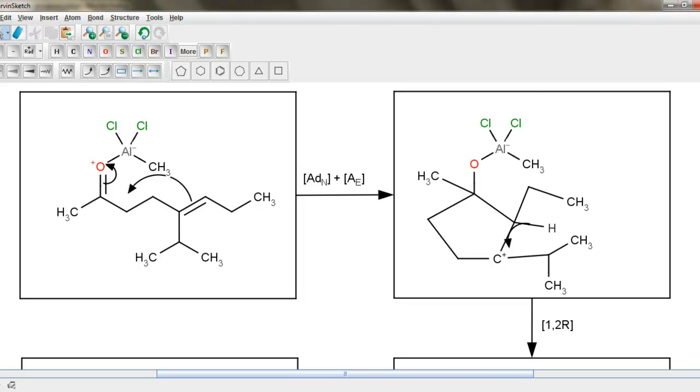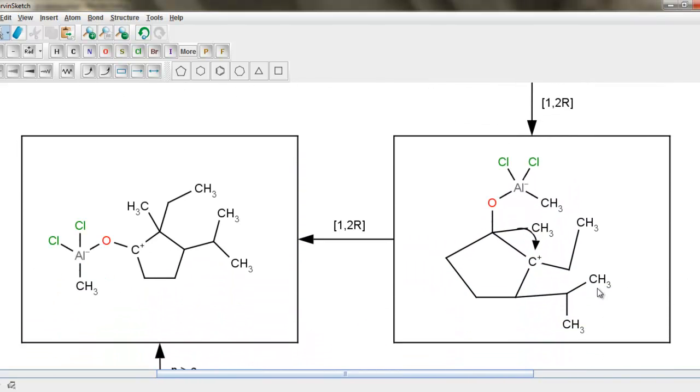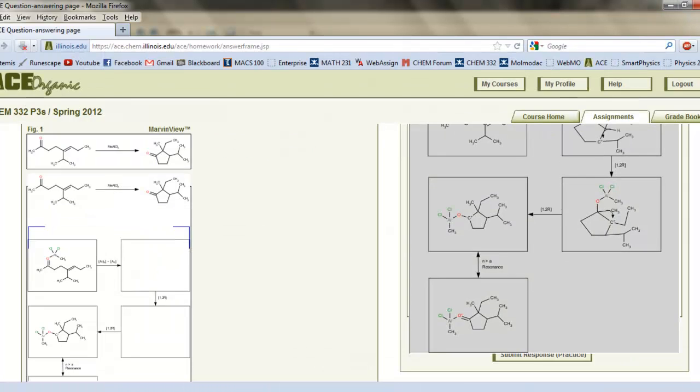That looks good. So now this step, we have a 1,2 rearrangement. This hydrogen, the electrons flow onto the carbocation, which is good. We have a carbocation there now. This methyl moves over, and that should be it. Okay, let's check this out.